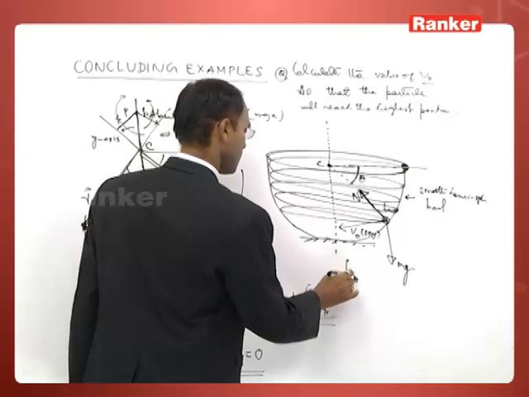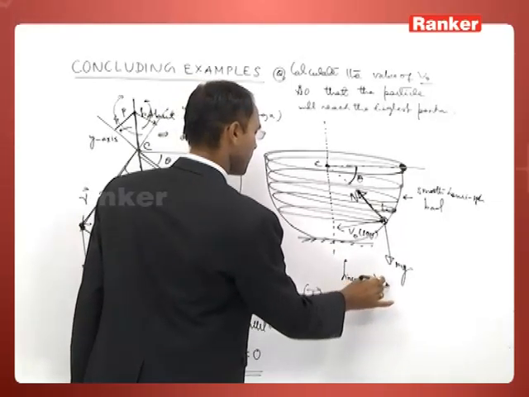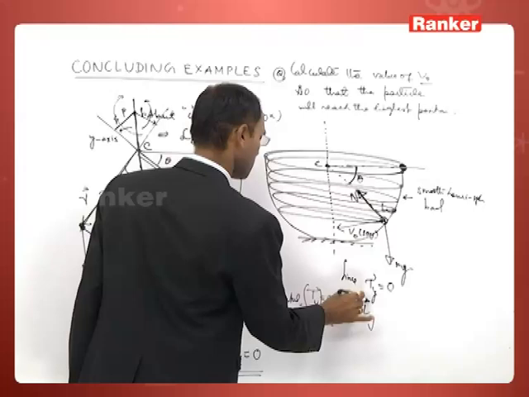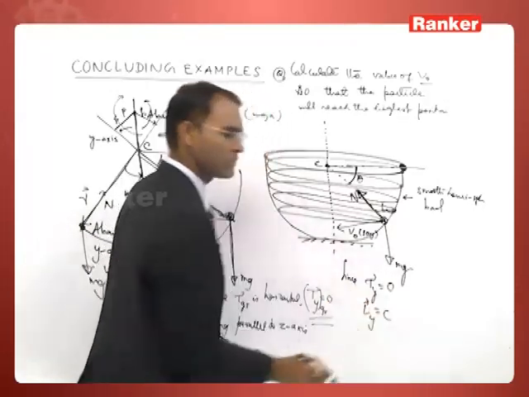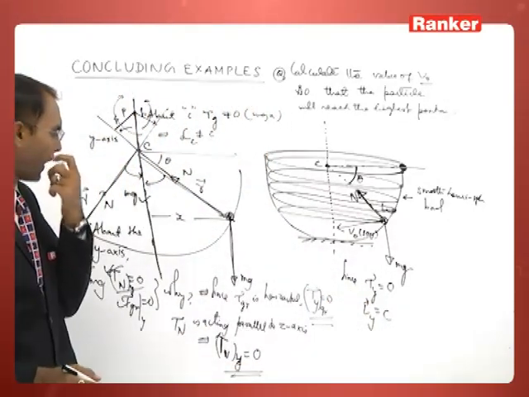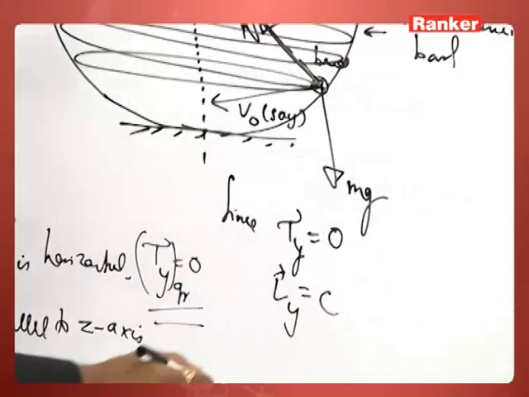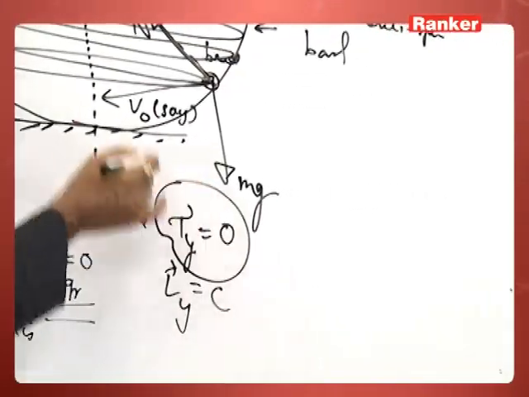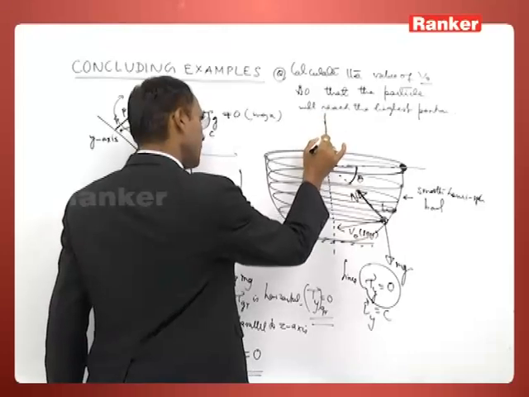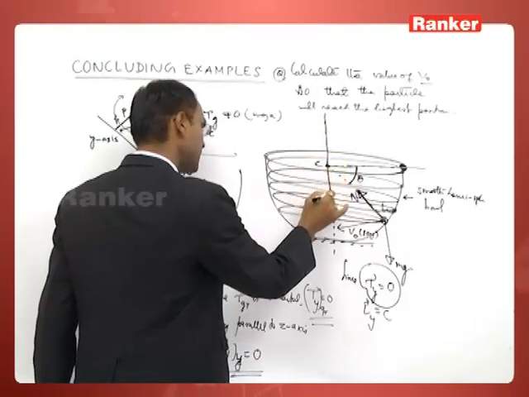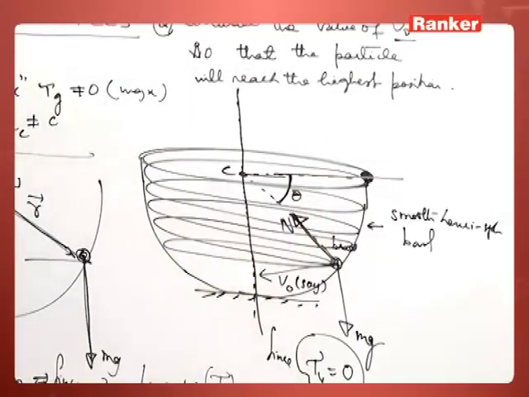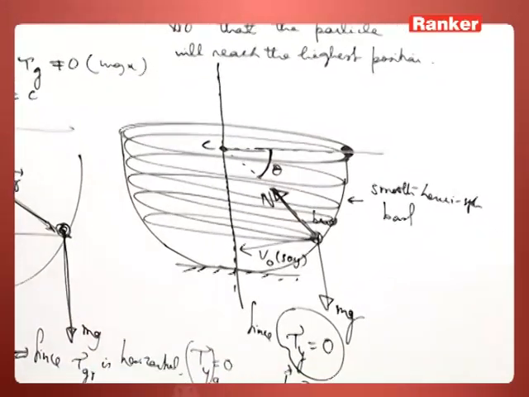Since torque is 0 about the vertical axis, angular momentum about the vertical axis remains conserved. You can conserve the angular momentum about the vertical axis, because about the y axis the particle will not experience a net torque.